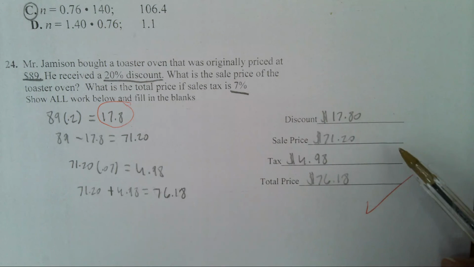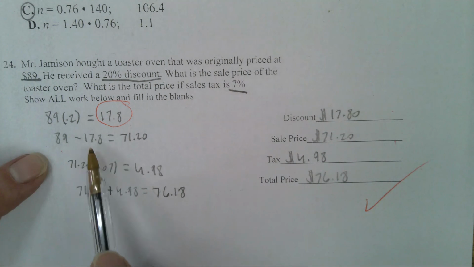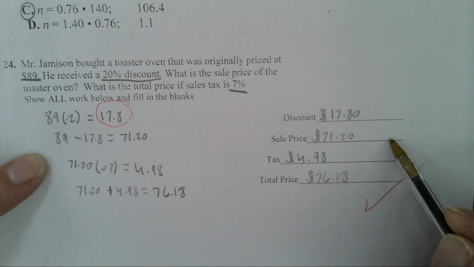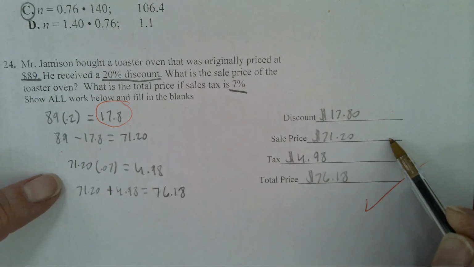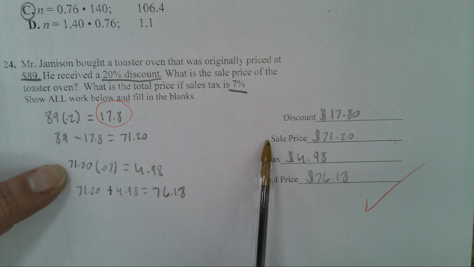Then your sale price, you subtract 89 minus the discount, means your sale price is $71.20.